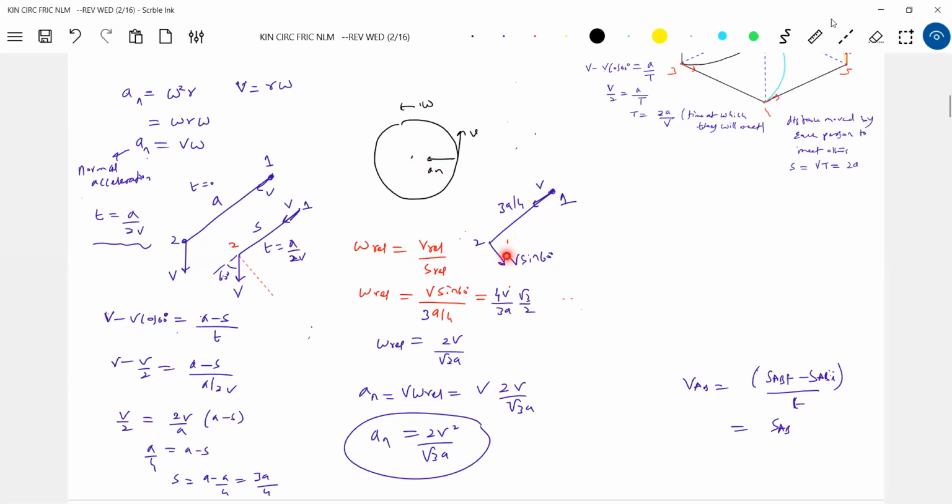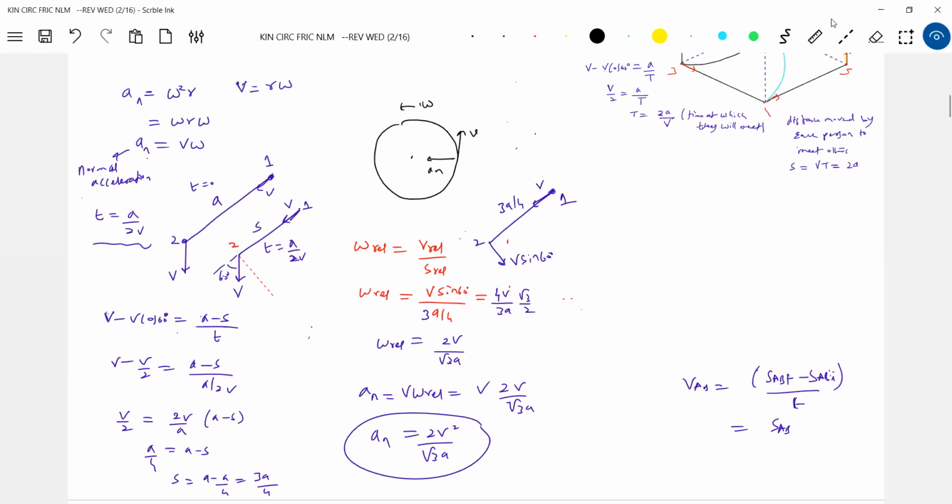Component of velocity, which I'm putting, v sine 60. So here omega will be perpendicular to the plane of paper. Of course, it passes through the axis, no? So here v and omega will be perpendicular and an will be in this direction. Omega will be perpendicular to the plane containing v and an. So the multiplication of these two is what gives normal acceleration, or what you can call centripetal acceleration. That's what we are doing here.